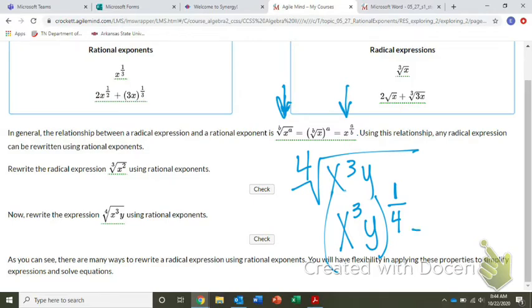I can actually break that up, and I can say x to the 3rd to the 1/4 times y to the 1/4. Right? The 1/4 goes to the x cubed, and it also goes to the y. That one's kind of tricky.